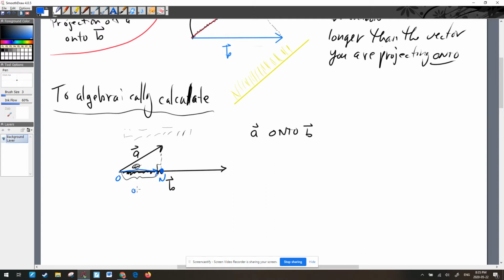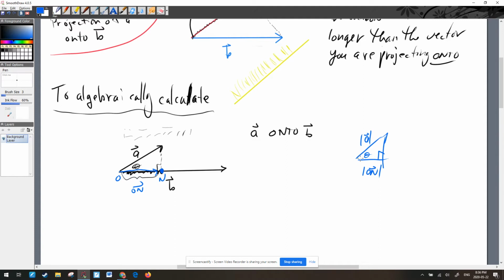So this thing there is ON. And if we think about this in terms of a triangle, if I redraw this triangle, you know what it is. This would be the magnitude of A on the hypotenuse. We'd have my theta down here, and this would be the magnitude of ON.